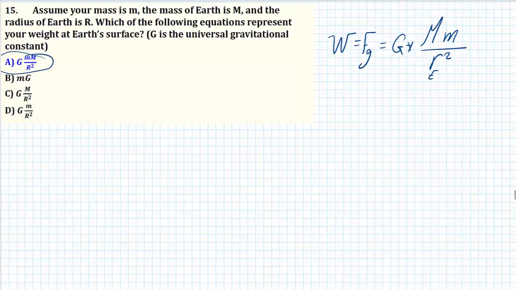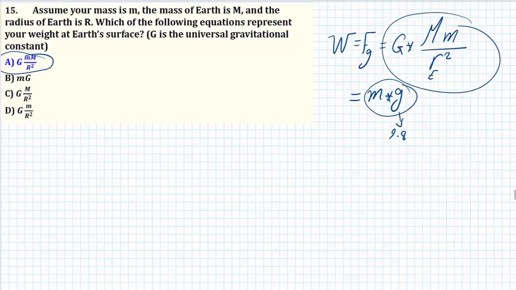I want to tell you something: the weight on the surface of the earth is mass times gravity, and the gravity here is 9.8. If you equate this side to the other side, let's remove this m with this m. That means there is an equation for the gravity on the surface of the earth, which is G times the mass of the earth divided by the radius of the earth squared.